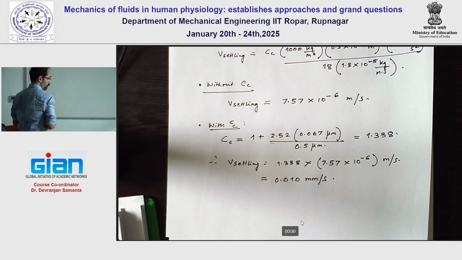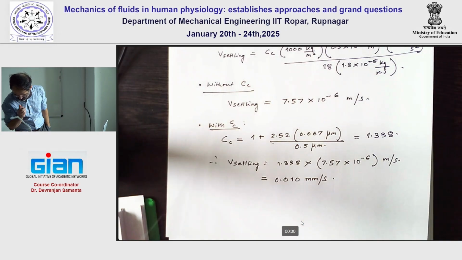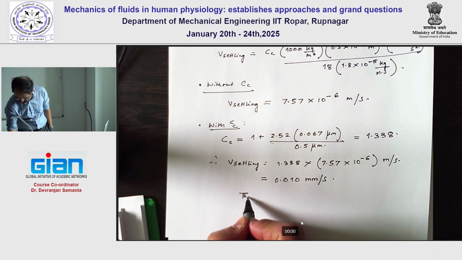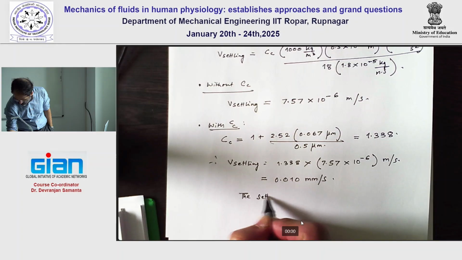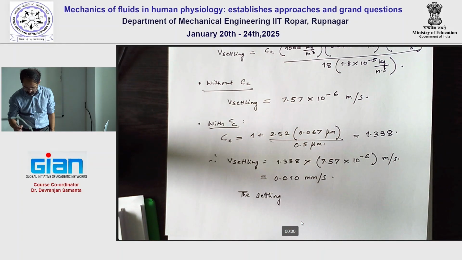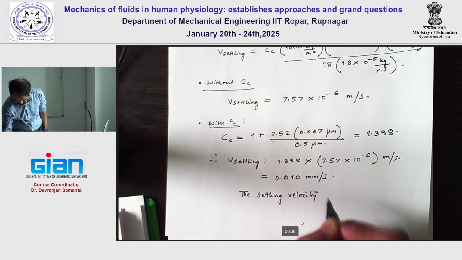Okay. So if you just compare what changed between the two, you'll see that the settling velocity, if you do consider the slip effect or not, just changed by quite a bit.